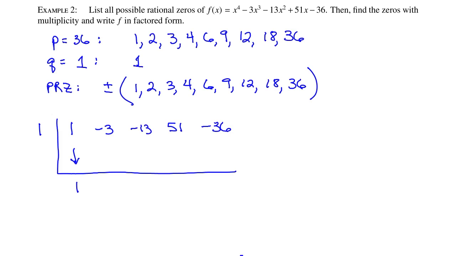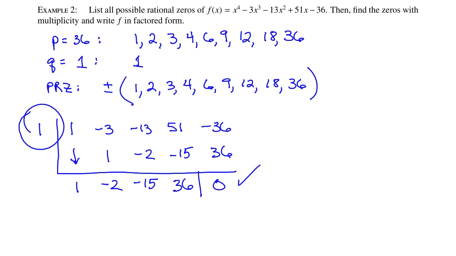Bring down the 1. 1 times 1 is 1. -3 plus 1 is -2. -2 times 1 is -2. -2 and -13 is -15. -15 times 1 is -15. 51 minus 15 is 36. And 36 times 1 is positive 36. Subtract 36 and you get a remainder of 0. Therefore, 1 is a 0. We have found one of the zeros.